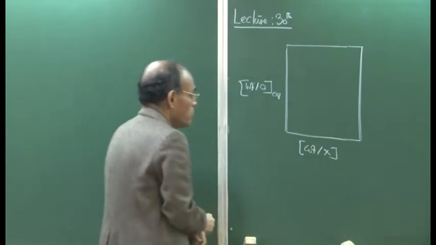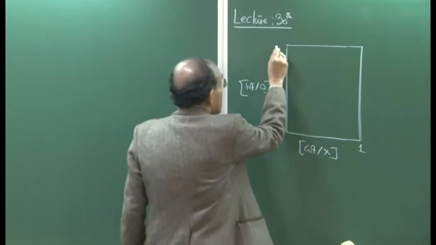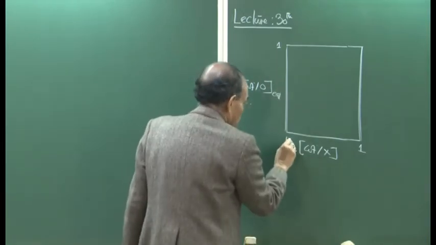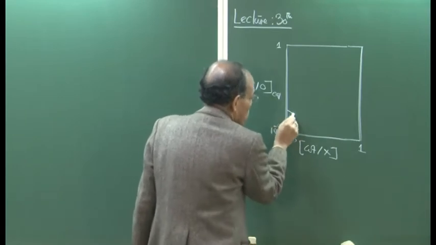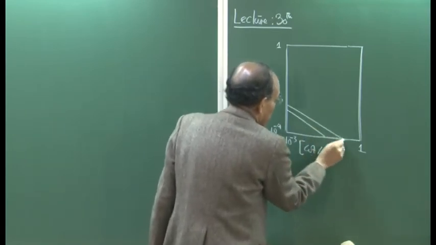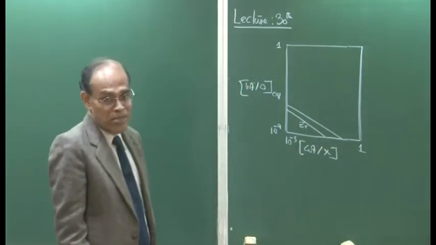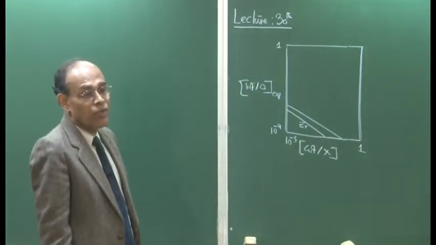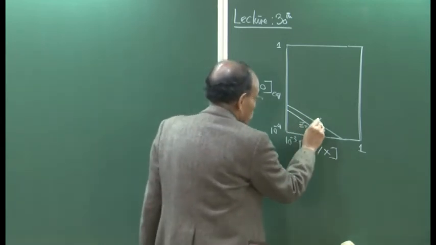So, this value, if I remember, is about 1, this is about 1, this axis is about 10 to the power minus 3, and this is about 10 to the power minus. And the lines go something like this. This is zirconium, and I am only showing those elements which are conventionally or customarily used in steel industries for deoxidation.